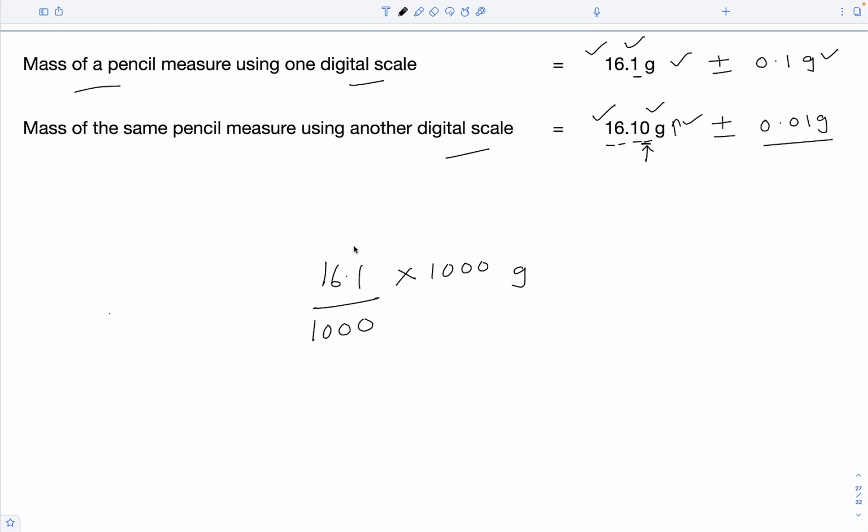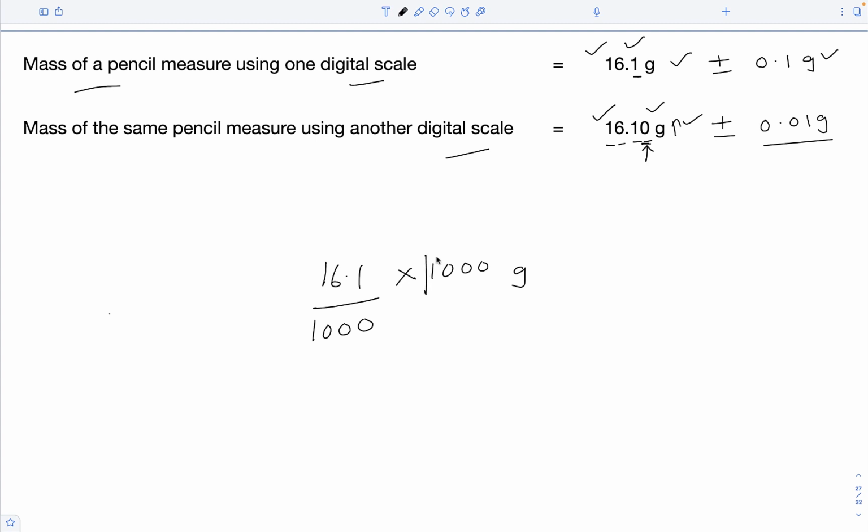Think for yourself. In my opinion, no. The precision of this and the precision of this measurement are one and the same. By multiplying and dividing it with the same number, the precision would not change.